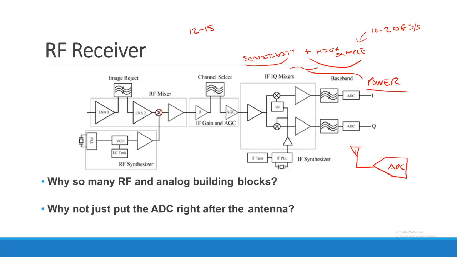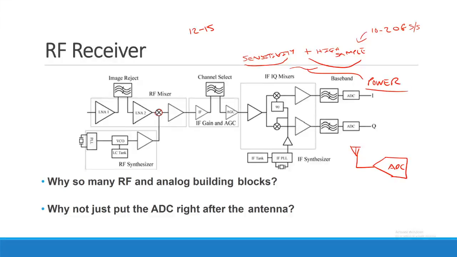So just to give you an idea, if you took one of the latest and greatest Agilent oscilloscopes, or even Tektronix or one of these other companies, and you opened it up, inside of that box is about an 8-bit, 20 gigasample per second A to D converter. These days, those things take about 10 watts.